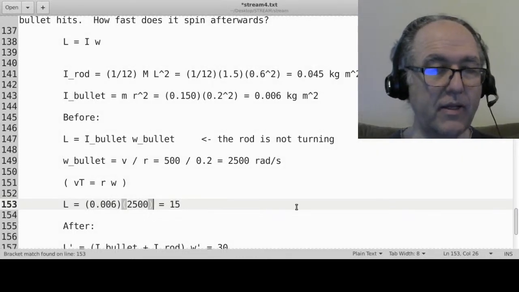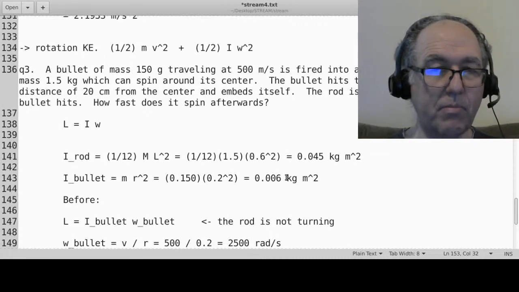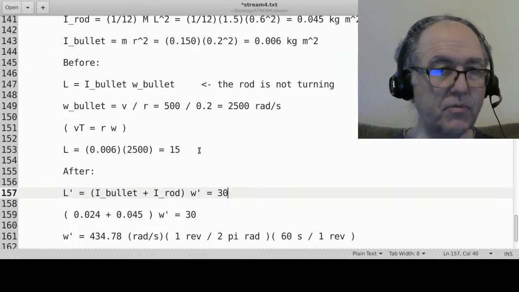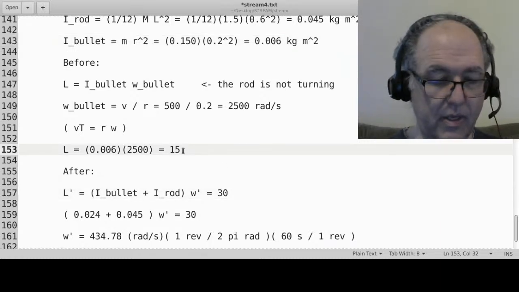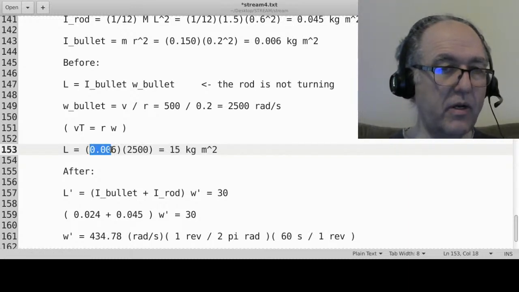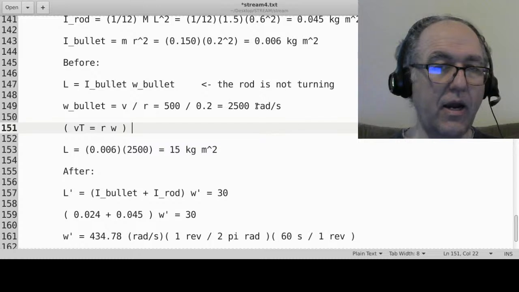15. You say, well, what are the units? Well, the units of the moment of inertia are kilogram meters squared. That's just for this part. And the units for the angular velocity are radians per second. That's this part here.